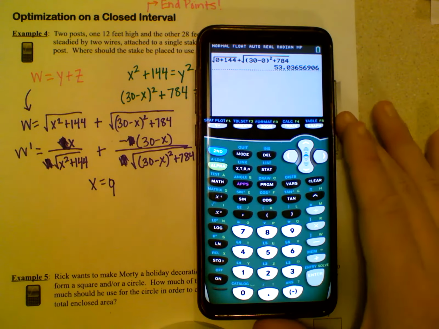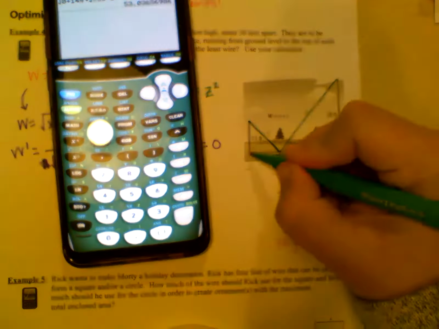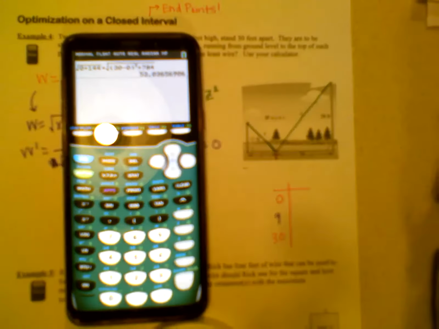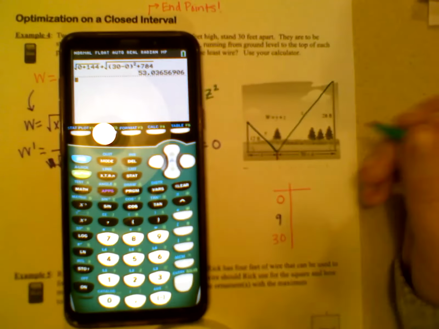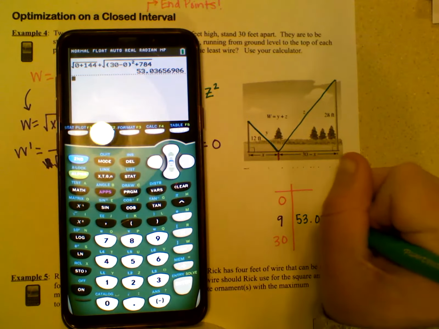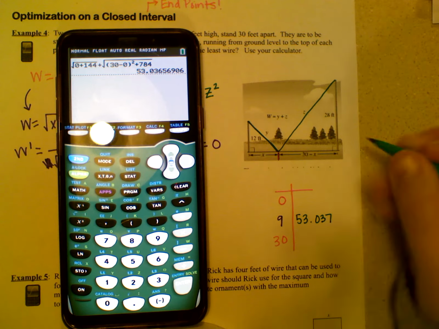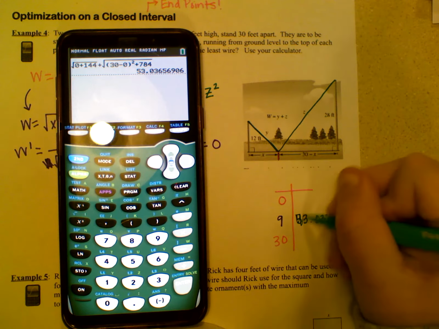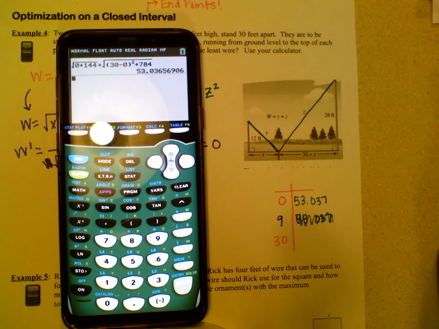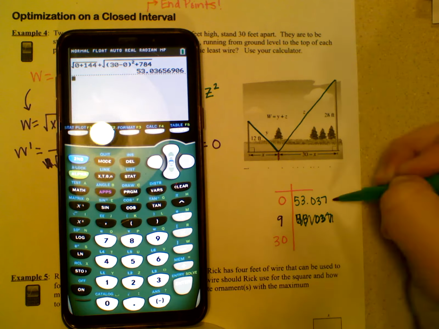So if you put the stake here at 0, you're going to need 53.037 feet of rope. So to go down to 0 and all the way up, 53.037.